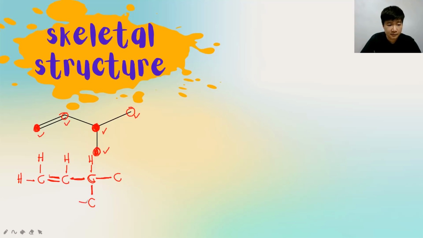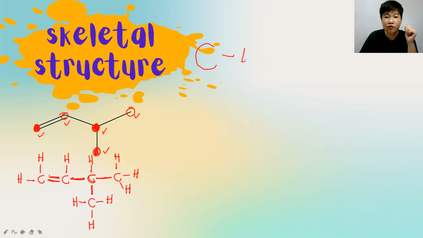So this carbon will be having another 3 bonds, and all the 3 bonds will be hydrogen. And that is the way that we calculate how many hydrogen the carbon is holding. The very basic concept that you need to know is every carbon must hold 4 bonds. Remember that. Every carbon must hold 4 bonds. Remember.